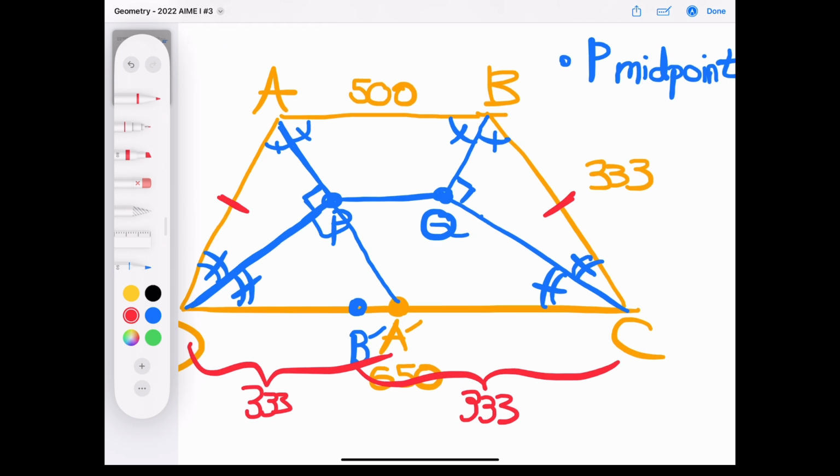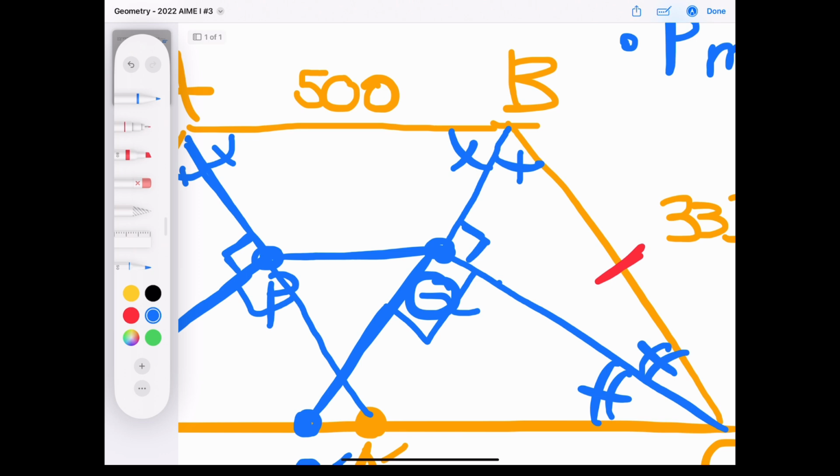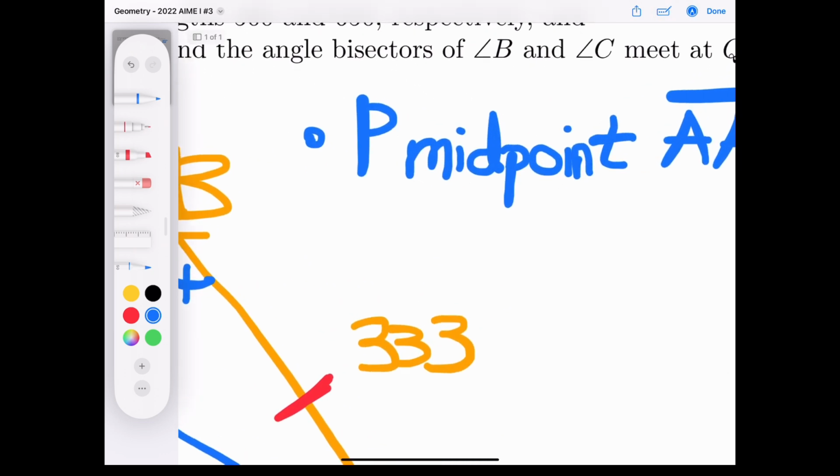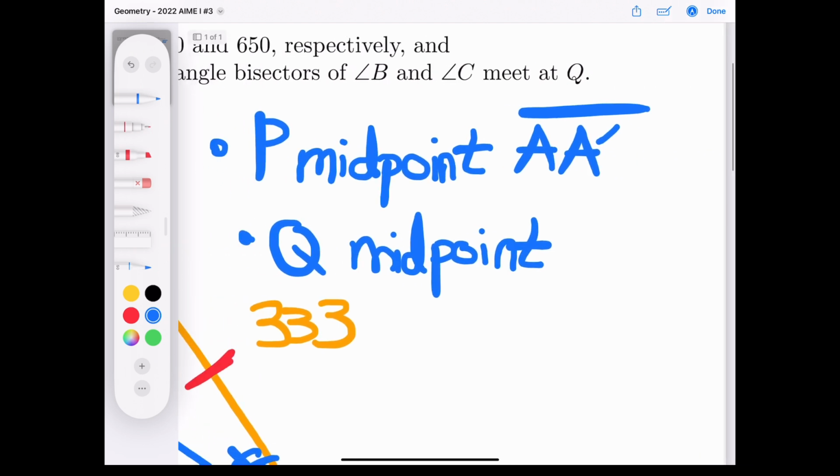By the same reasoning, it will follow that triangle B prime QC is congruent to triangle BQC by side angle side. And so you can make the same conclusions. You can say that this angle here is also right, and you can say that Q will be the midpoint of segment BB prime.